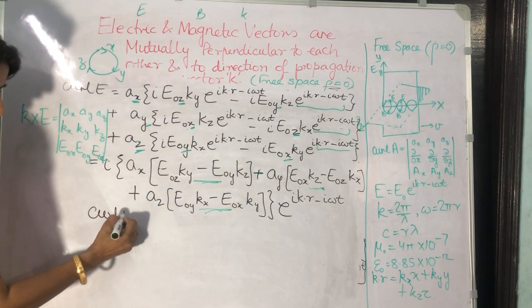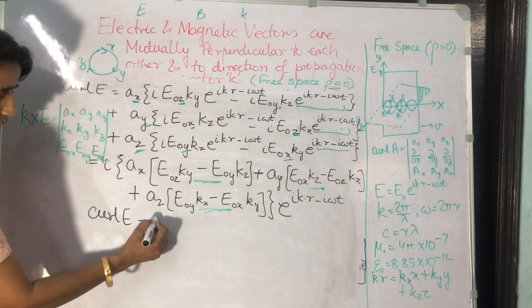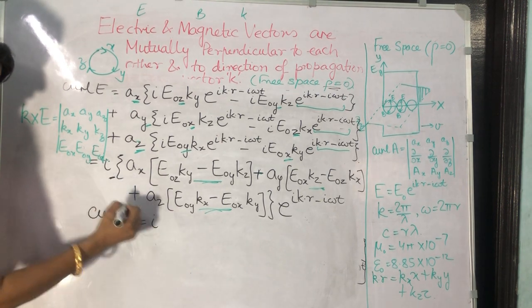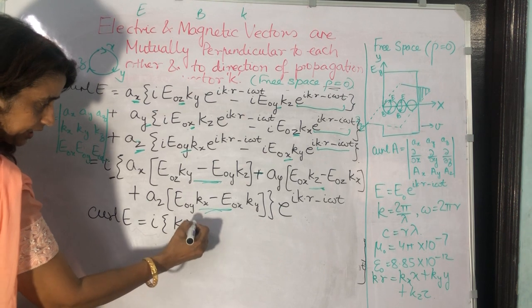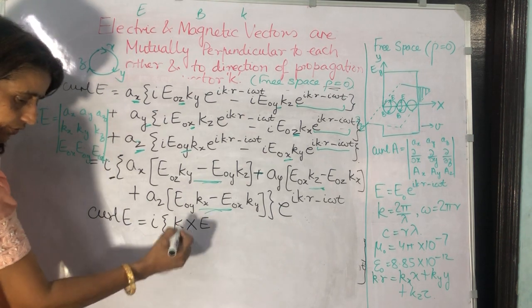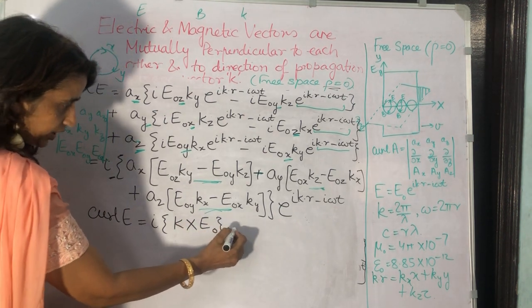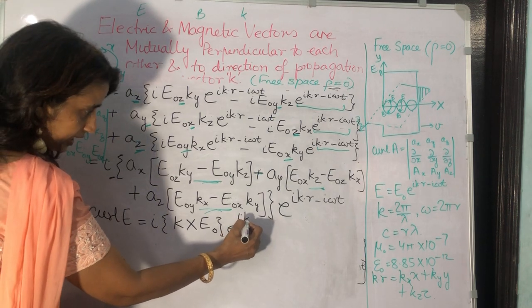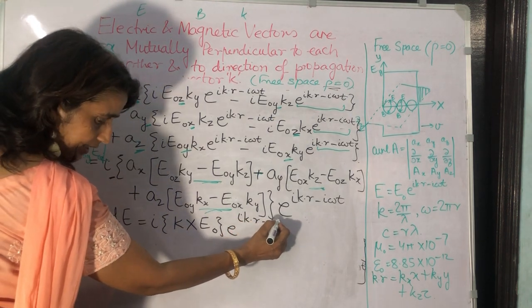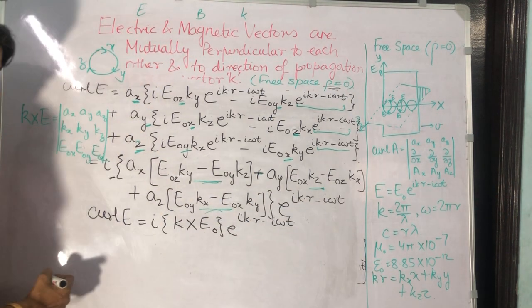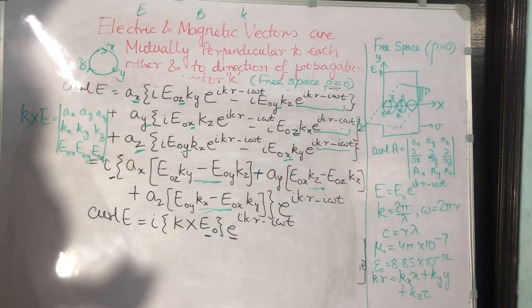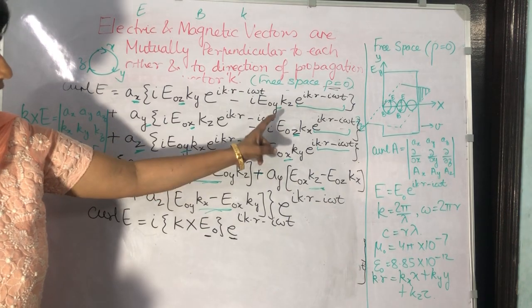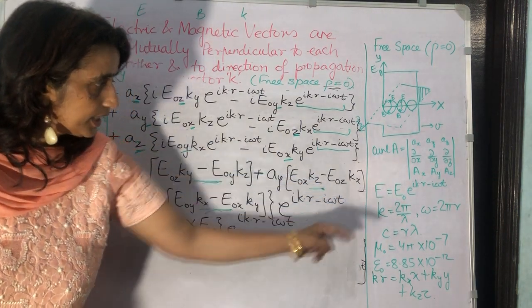Now I can write curl E is equal to I into K curl of, if you are writing it in terms of E naught, E to the power of I K dot R minus I omega T. Now E naught E to the power of I K dot R minus I omega T is equal to E here.